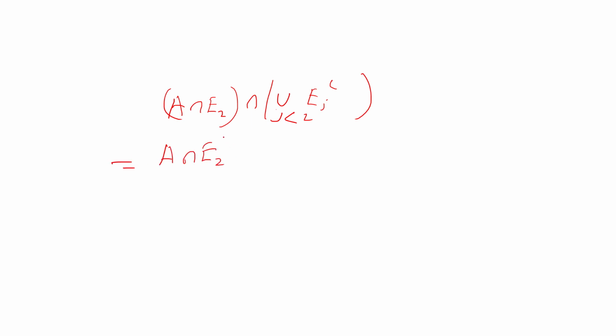A intersection E2, you get this one intersection, and then union j is less than 2 is a complement. So since j is less than 2, the only possibility is j is equal to 1. This is equal to A intersection E2, and then you have intersection, so this is E. So what is this one? This is equal to E1 complement.